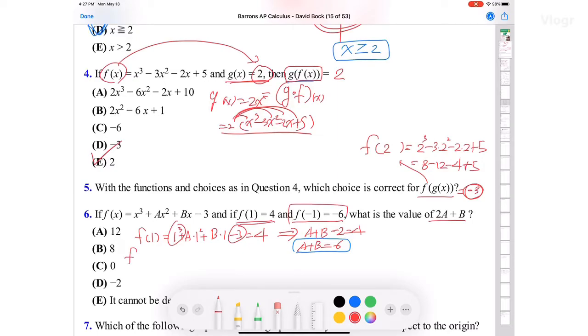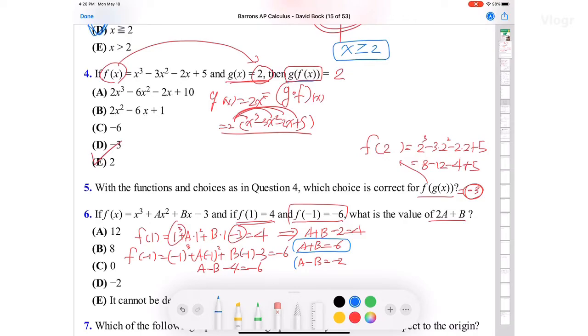So f of negative 1, plug in negative 1, the whole thing cubed, plus a times negative 1 squared, plus b times negative 1, minus 3 should be negative 6. So it is a minus b, and then negative 1 minus 3 is negative 4, and a minus b minus 4 equals negative 6. So a minus b equals negative 2.